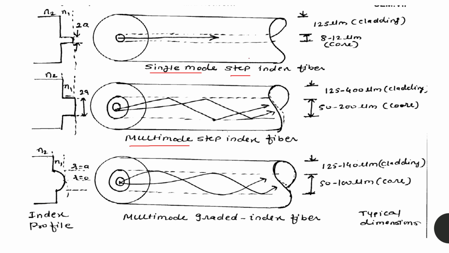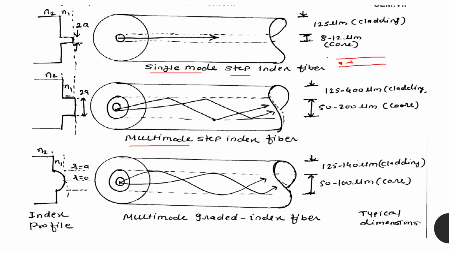To explain single mode step index fiber, imagine that we have one lane, and this is a car which is traveling through this lane. Consider this a very narrow lane where only one car can go at a time.